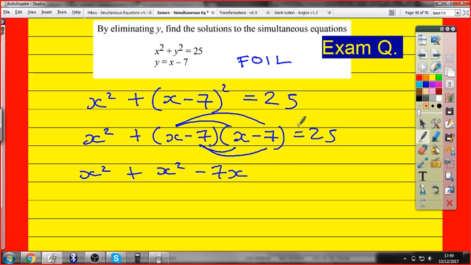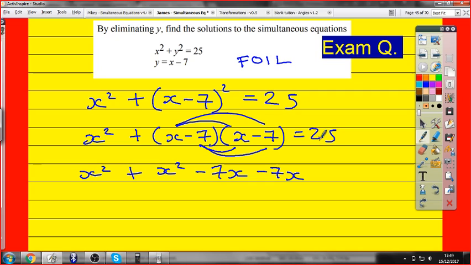X times minus 7. Minus 7x. Yeah. And you need to do the outside too. We did the outside two. Oh, it's x minus 7 again.